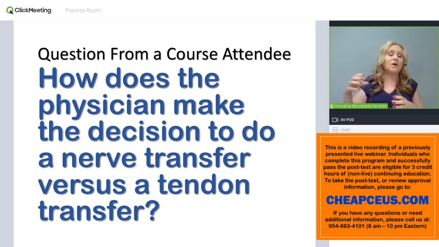It could be as far as a year out recovery time. But again, it's a newer technique, so there's still not enough research to say that one is over the other, but those are some of the considerations that the physician is going to take into account when deciding between tendon transfer versus nerve transfer.